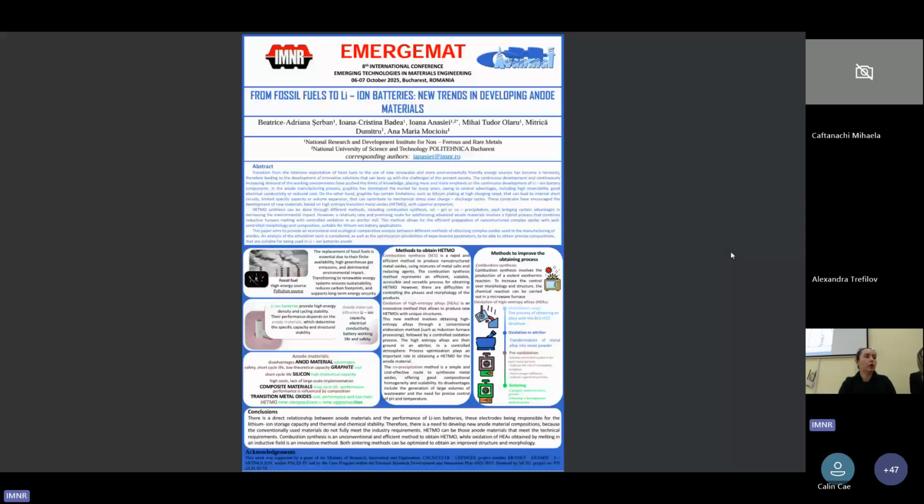And in this work, we discuss a little about the conventional anode materials and their disadvantages and advantages, obviously. But we wanted to present a little about the high entropy transition metal oxides, a new kind of oxides that are very interesting for the lithium batteries industry.